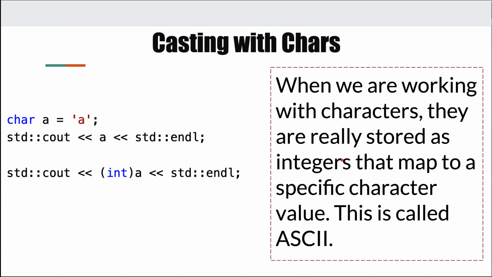Now what these are really, really good for is casting with chars. So here you can see we make a char A, and we set it equal to A in single quotes and print it out. Okay. But a lot of people don't realize that when we're working with characters, they're actually really stored as integers. Okay, you might have heard of ASCII. Now, if you Google ASCII, you're going to get all sorts of wonderful charts that show the integer value that maps to a specific character.